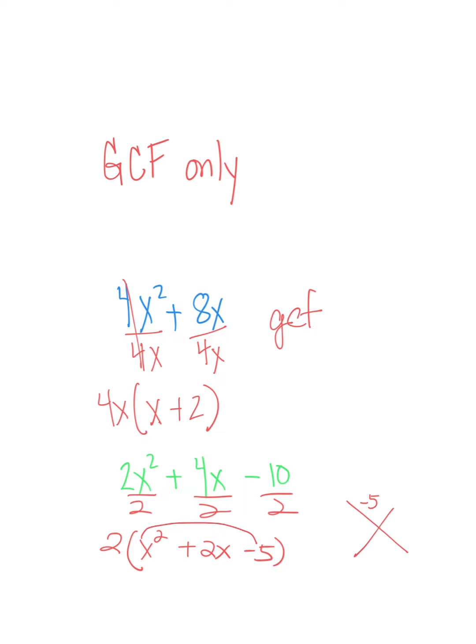That would be a negative 5x squared, and then here's my bx term. I'm looking for two numbers that multiply to a negative 5 that would add to a negative 2. Negative 5 would tell me one has to be positive, one has to be negative, and I can see right away that there is not a combination that is going to work. So this one was only a greatest common factor. So we have to remember that if we take out a GCF and if it doesn't fit any other factoring pattern, that is just our answer. We don't want to force it to go to another step.